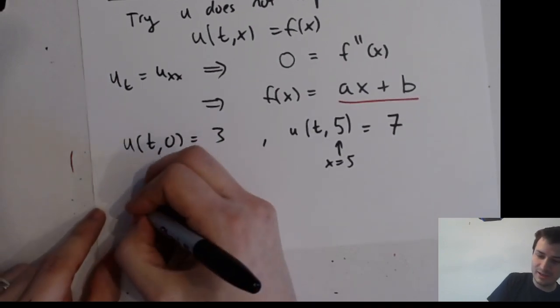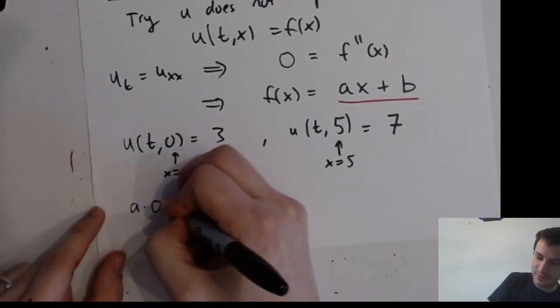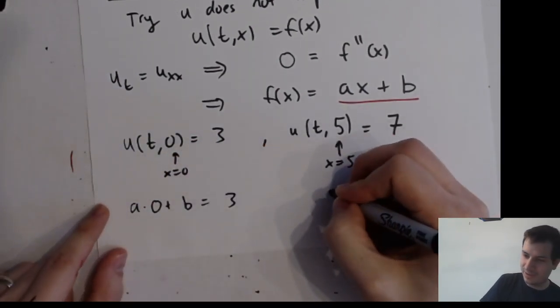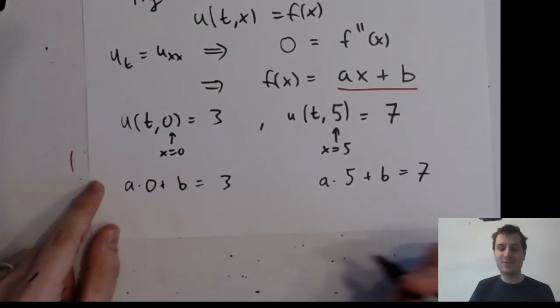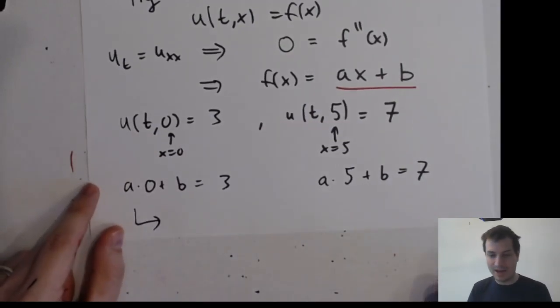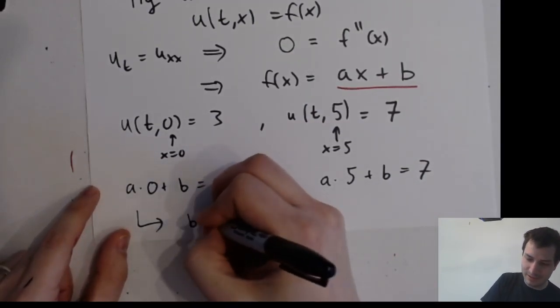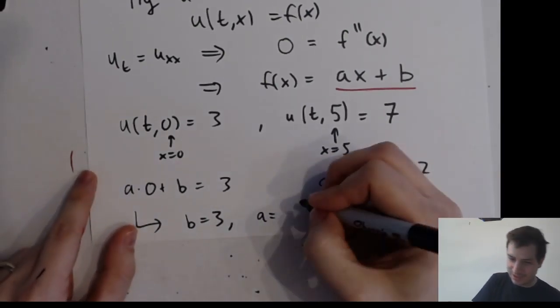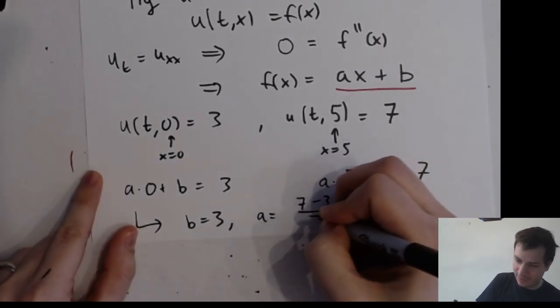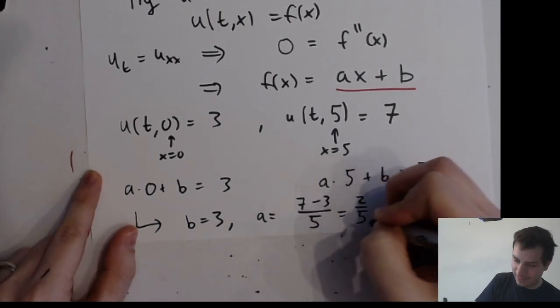You're going to get a times 0 plus b equals 3. You're going to get a times 5 plus b equals 7. And if you solve these, you should be able to get what a and b are. I think b equals 3, and a is equal to 7 minus 3 divided by 5, or 2 over 5.